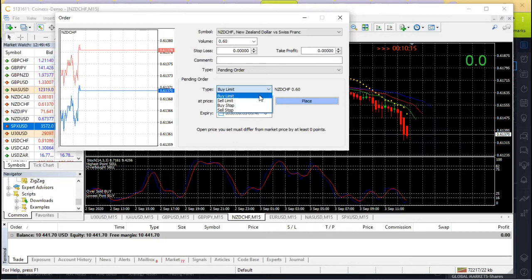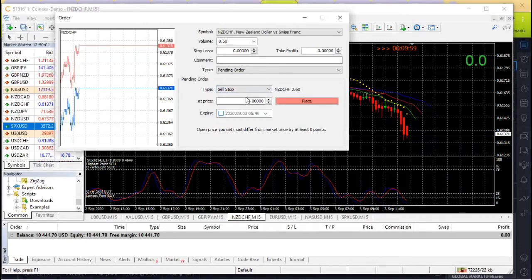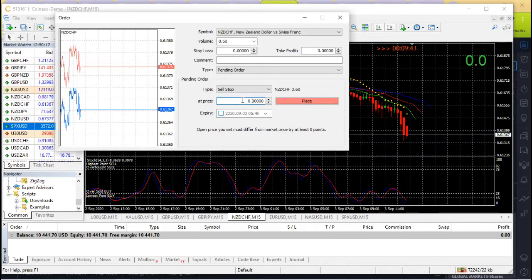So what we're looking for is a sell stop, because if you remember that picture, it said the price is going to get to a certain point and then it will continue on its journey. So we want a sell stop. And the price point that we want to enter, the at price, is this one right here. So let's select that box and type zero point, make sure you're using your decimal point, 61395.